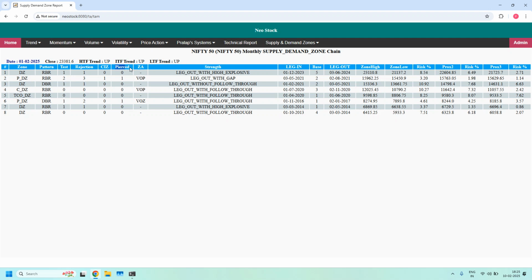Look into the pierced column to find the pierced zones. For higher time frames, you can use pierced zone strategies also, as you learned in lesson 28. Always look into the LTF trend to find the trend of the current time frame you have selected. So this is the way you can understand remaining supply demand zone chain reports.